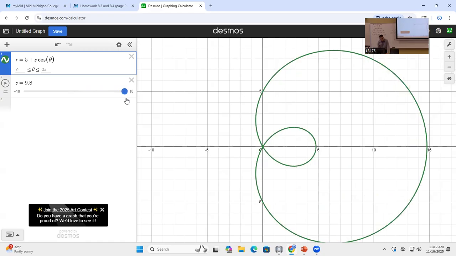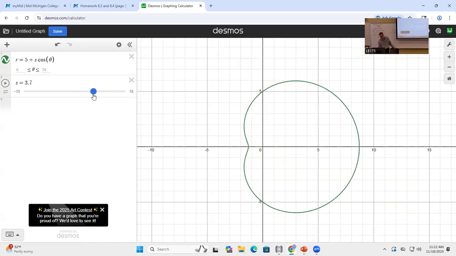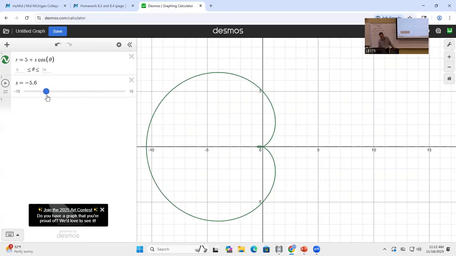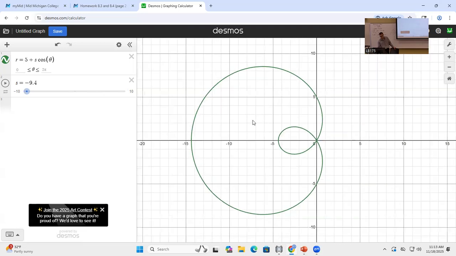That loop gets bigger and bigger and bigger, the more our coefficient is thrown off. By the way, if we go to a negative coefficient, what'll happen eventually is we'll be pointing the other direction. Do you see that? So if we have a negative coefficient, we get the same type of shape, just pointing in the other direction.